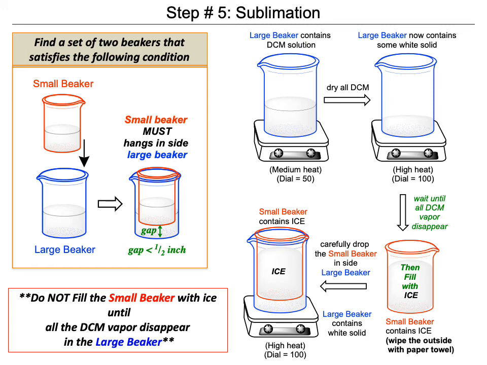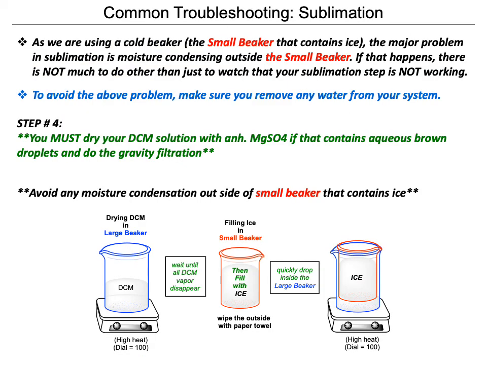After evaporation of the DCM, you see caffeine start to evaporate, and because we keep the small beaker very cold, we can see the sublimation on the exterior wall of the smaller beaker. So we heat the DCM and caffeine in the larger beaker.